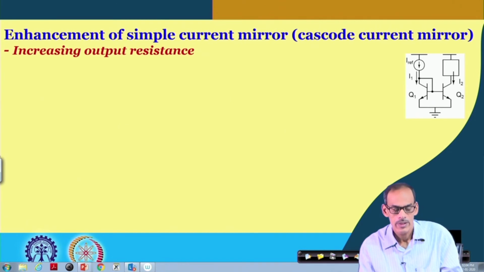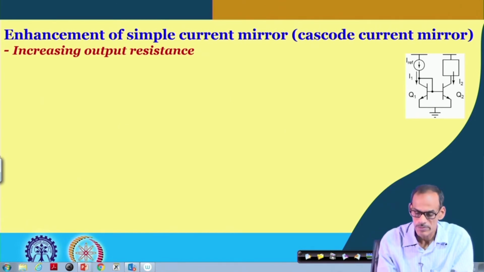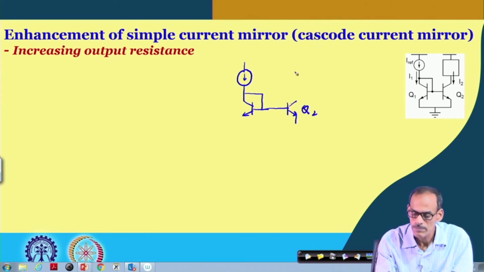And here again the purpose of the cascode is to improve the output resistance, and as you can guess, we add one extra transistor on top of this Q2. Let us call this Q3.